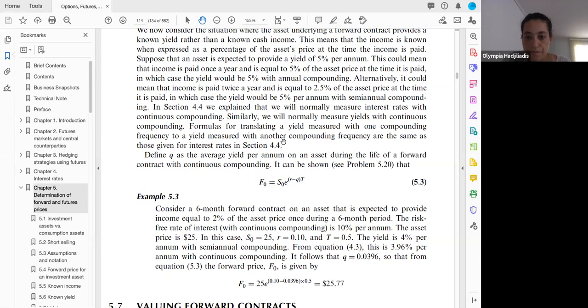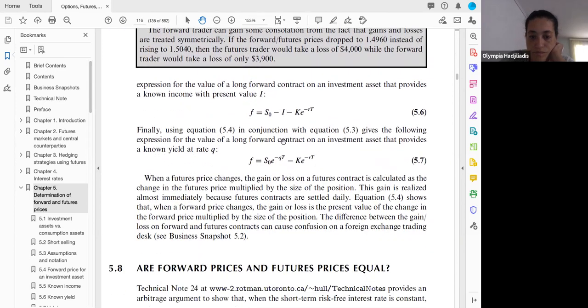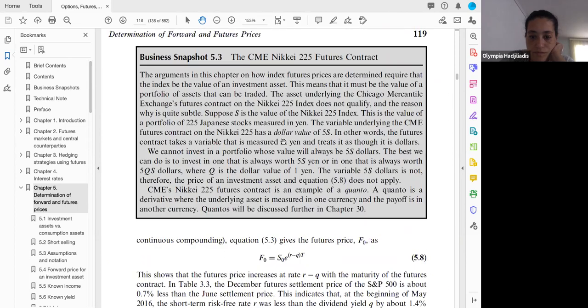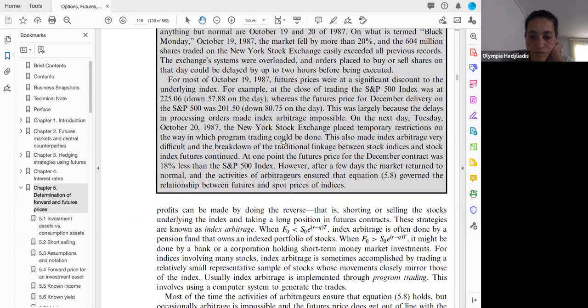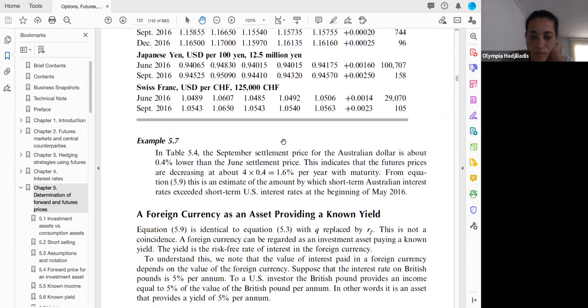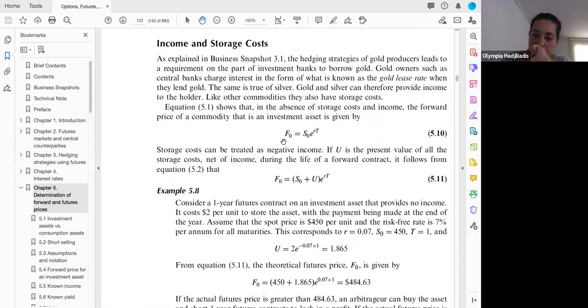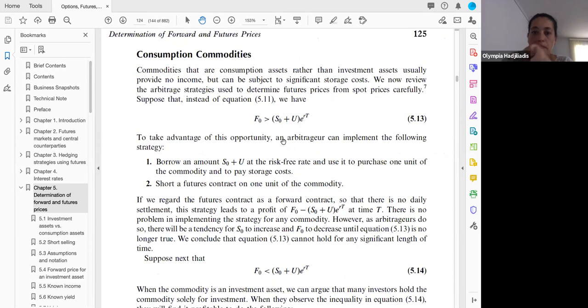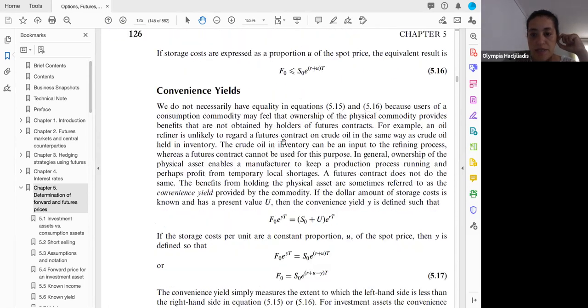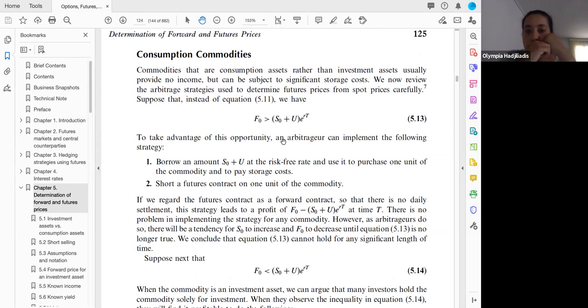And so here we have a situation. For consumption commodities, let's just go through this one more time.